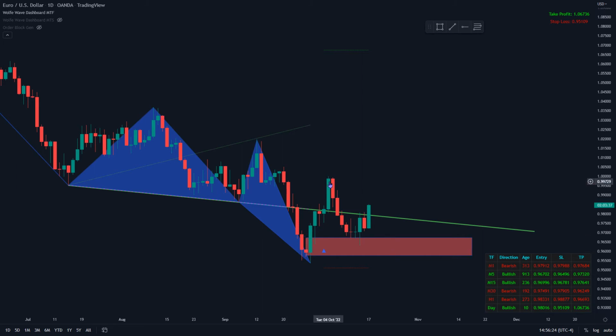Good reaction. Wait for the retracement. Retraces into demand. And so far another validating confirmation that we could see some more bullish movement up, as price is probably going to be closing above this trend line.